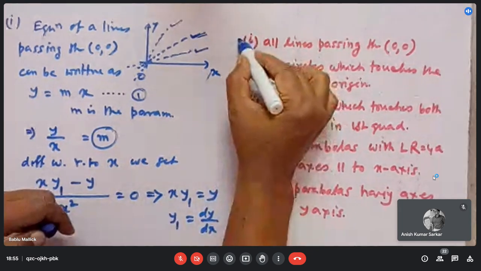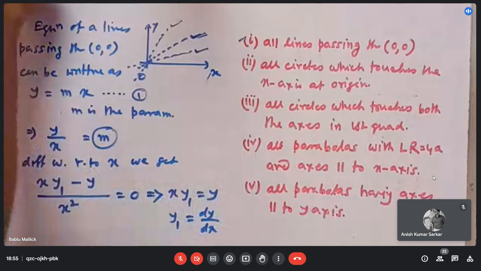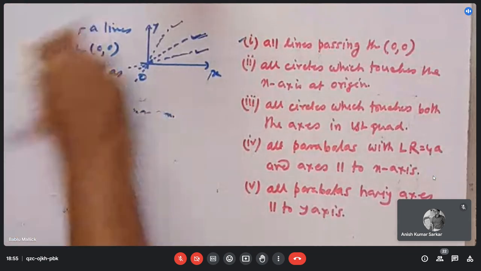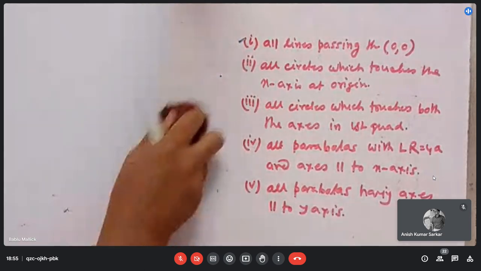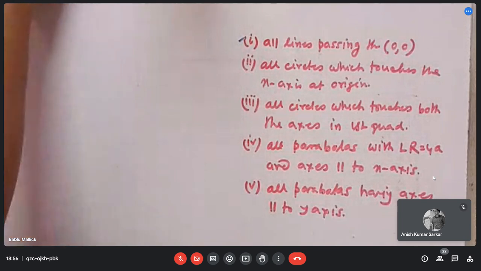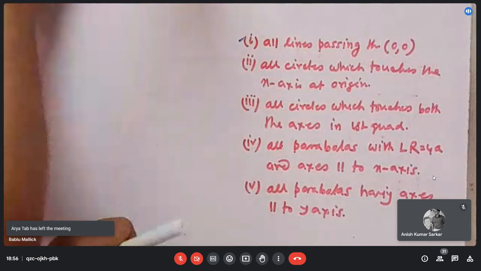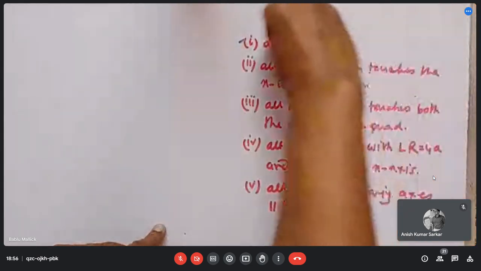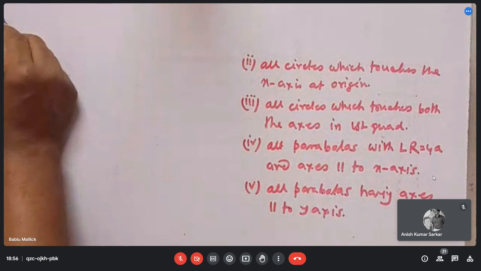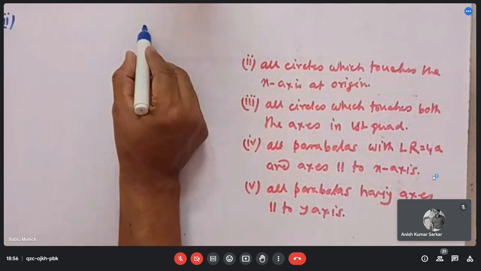So the first sum is done. Second sum, look, we shall find the equation of a circle which touches the x-axis at origin. Number 2. Draw the diagram first.